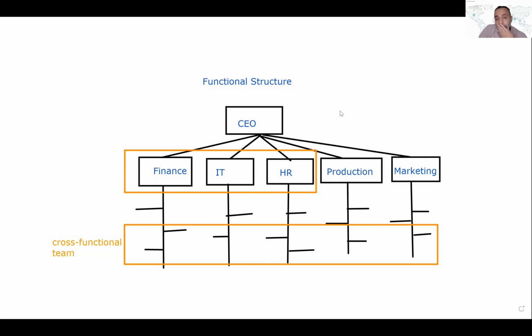Okay, so how can we improve this structure? What other types of structures could help us support the project management work? Let's do the following. Let's relieve the functional managers of managing or coordinating the project work.